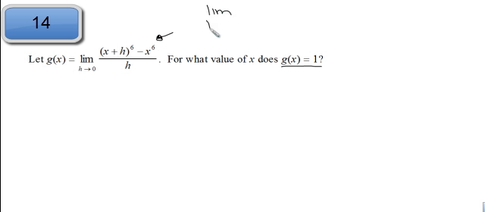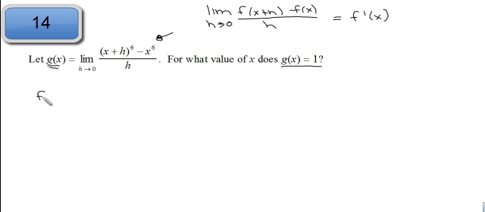Remember the formula: the limit as h goes to 0 of f of x plus h minus f of x all over h. That means the derivative. So technically, g of x is your derivative. So the derivative is g of x. So I need to find the original function, f of x.